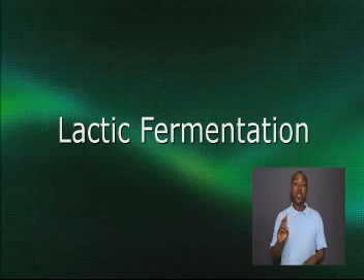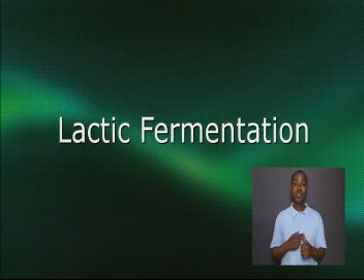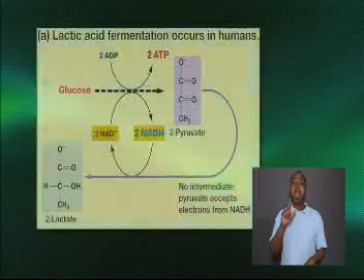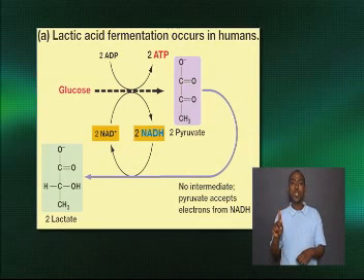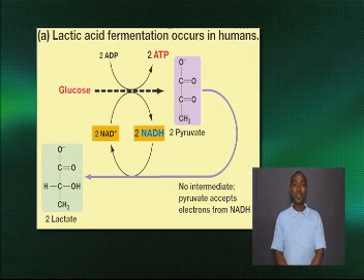There are two processes of anaerobic respiration. The first is lactic fermentation, during which glucose breaks down into ATP and lactic acid. Lactic fermentation occurs in the muscle cells of animals.